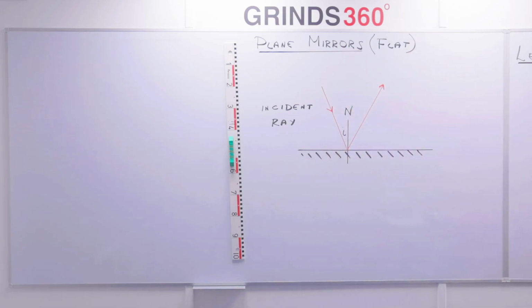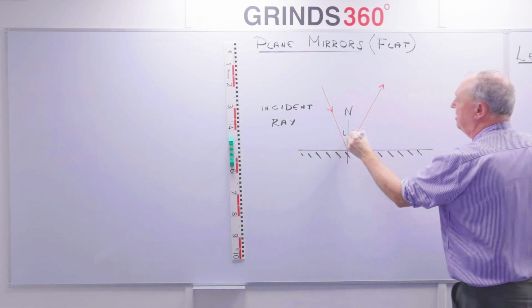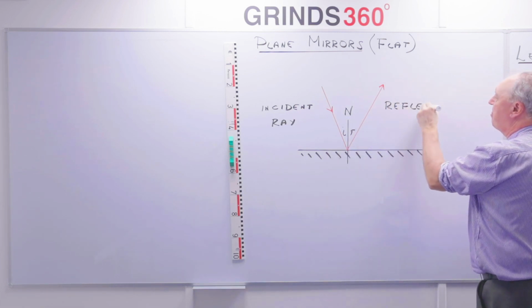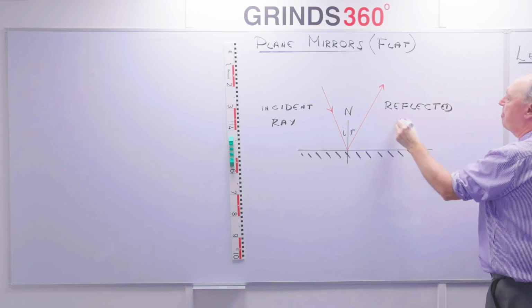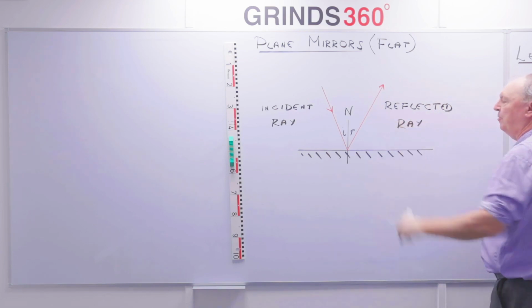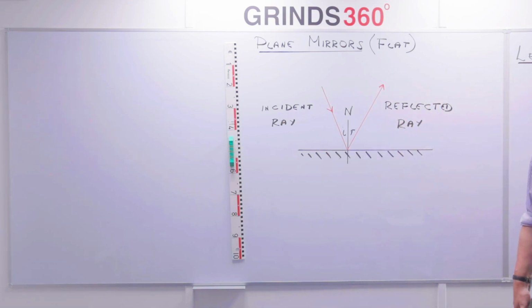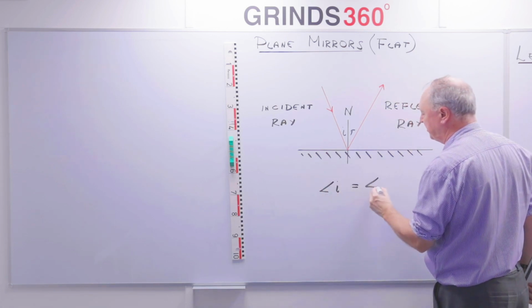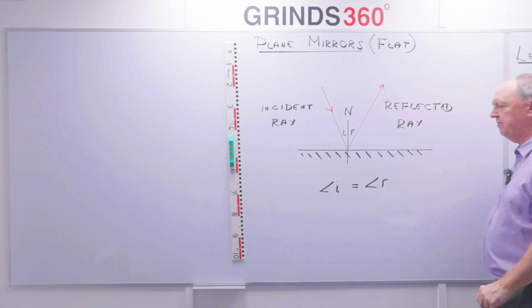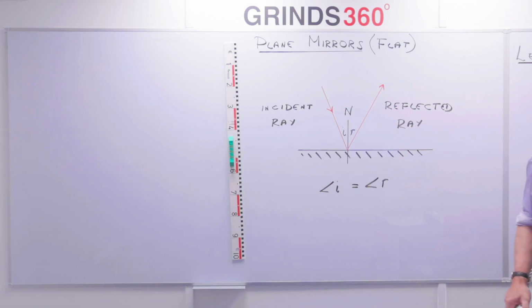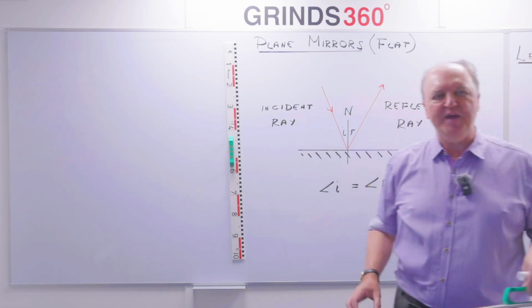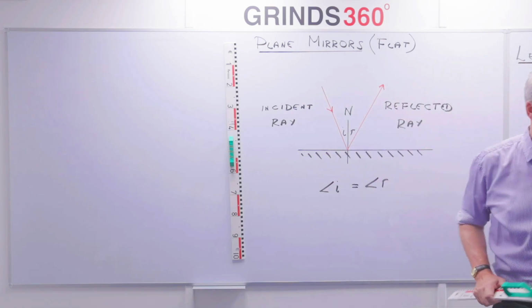So this here is your angle of reflection. Here's your reflected ray. And once again, the law of reflection will hold, of course. The angle of incidence, i, is equal to the angle of reflection, r. So we're doing the same thing as before, except we're primarily concerned with light.